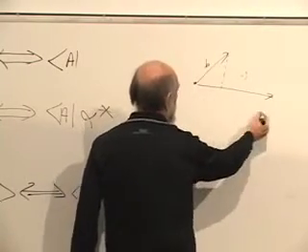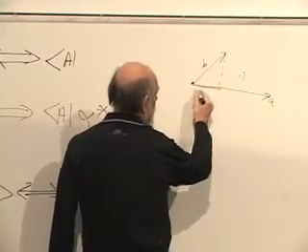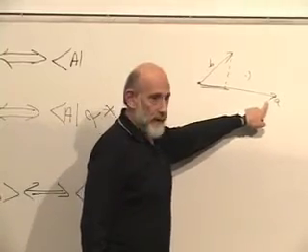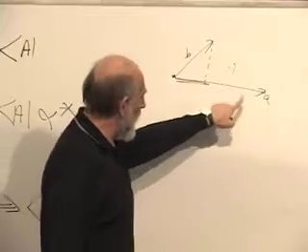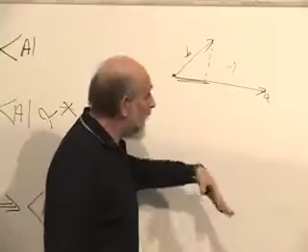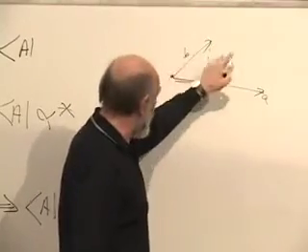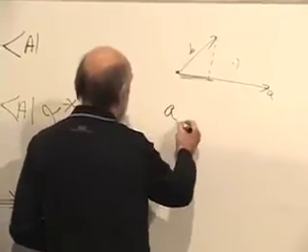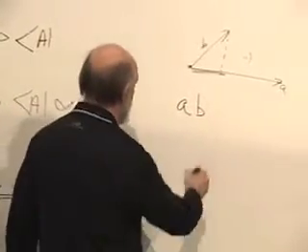Let's call this B, and let's call the original vector A. This distance here is the projection of B onto the axis of A. If we multiply the projection of B by the magnitude of A, that gives us one form of the dot product. We can do it the other way. We can take the projection of A on B and multiply the length of the projections. The symmetric way to write it is that it's A times B times what? Cosine of the angle between them.